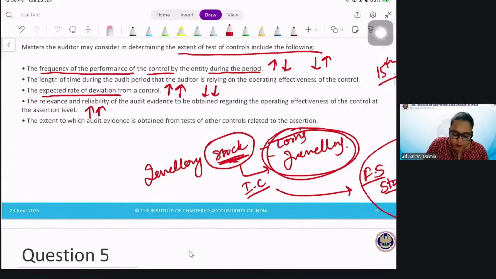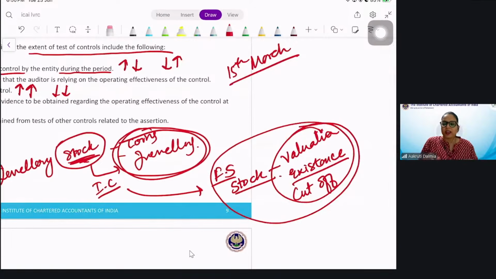And extent to which audit evidence is already obtained from test of other controls related to assertions. So if I have checked the stock already, stock related internal controls I have checked, and other procedures have already given me evidence, then can I reduce the other procedures?